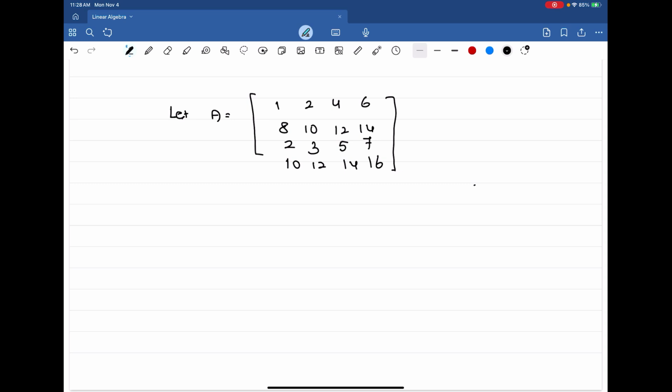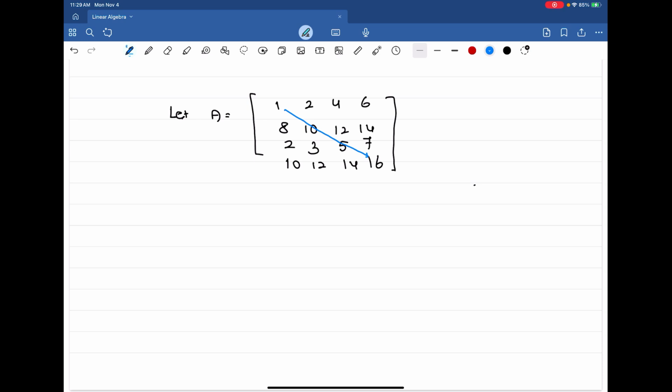Now, as I have told you previously, what we are supposed to do? We have to make all the elements either below the principal diagonal, which is shown in blue line here, or above the principal diagonal zeros.